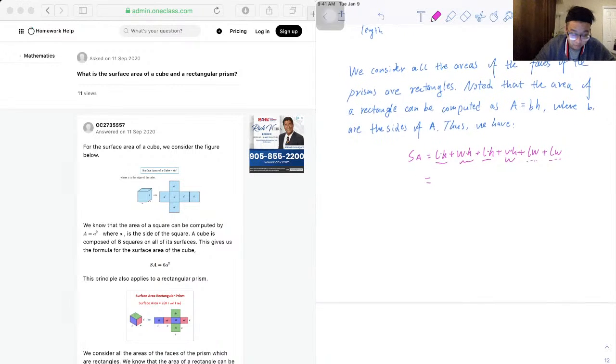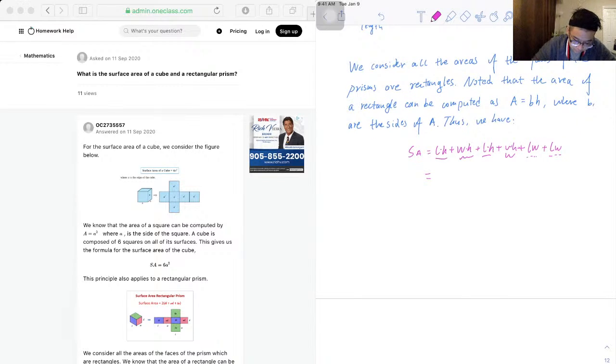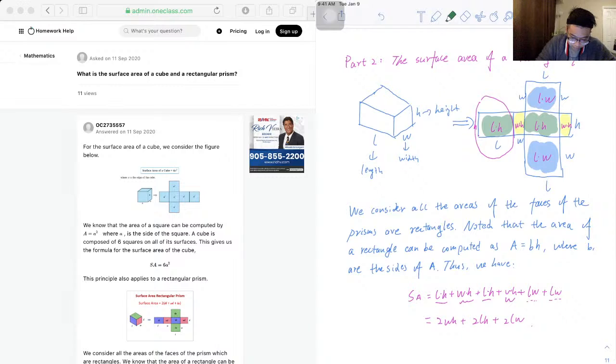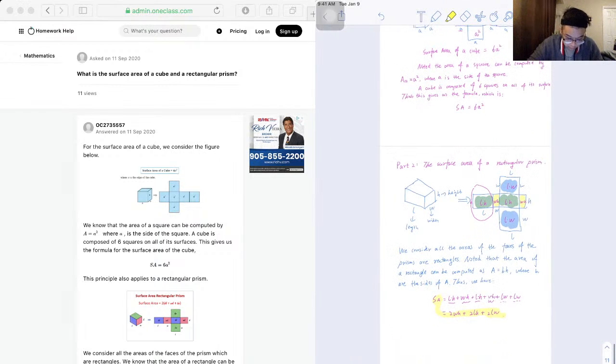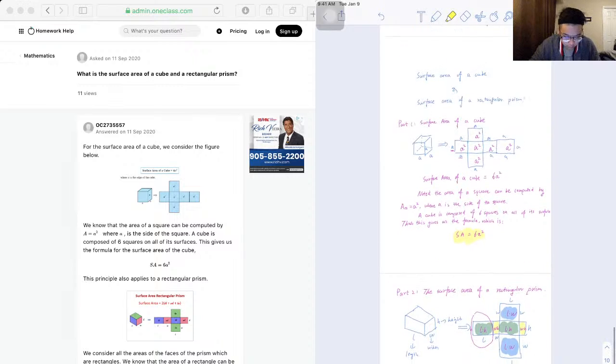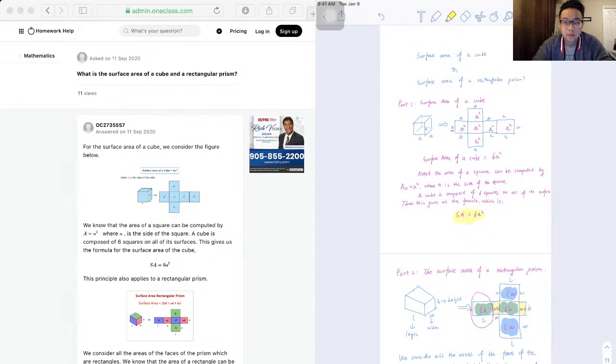So after simplifying, this is going to be equal to 2WH plus 2LH plus 2LW. Right, so that's the formula for the surface area of a rectangular prism. And 6a squared is the formula for the surface area of a cube. Right, so now let's see the next question.